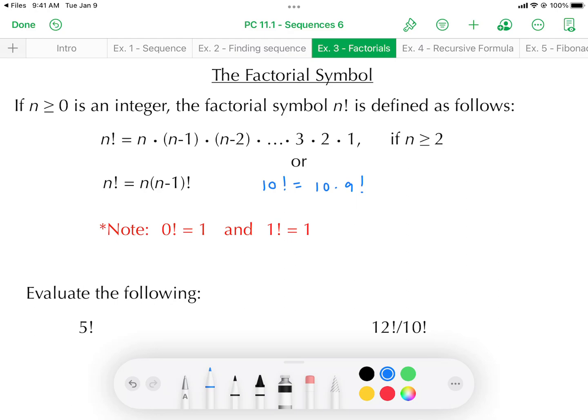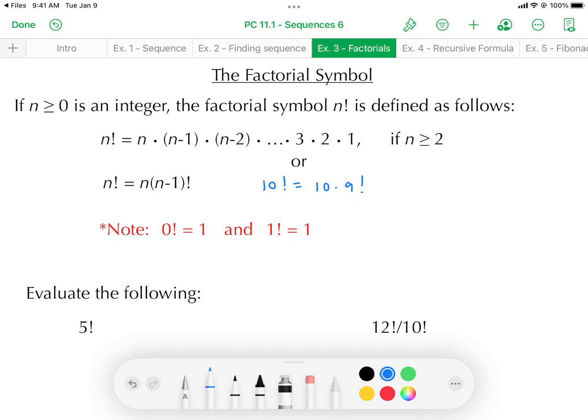Chances are when you've learned about factorials in the past, you probably learned about it in terms of combinations and permutations. Maybe back in your geometry classes, I think is where the standards fit that in. But the results of a factorial tell you how many different arrangements are possible for a given set, okay?